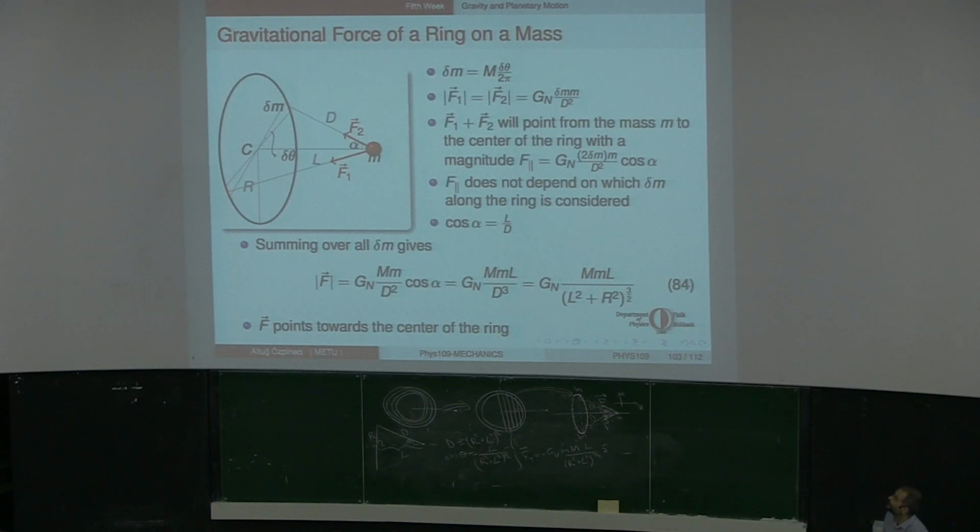So we know the force between 2 point masses. If you just take R equal to 0, then we have L divided by L cubed. That is 1 over L squared. So the force acting between this point mass and another point mass has the magnitude Newton's constant, the product of the masses, divided by the distance between them squared. So that is the law that we started with.